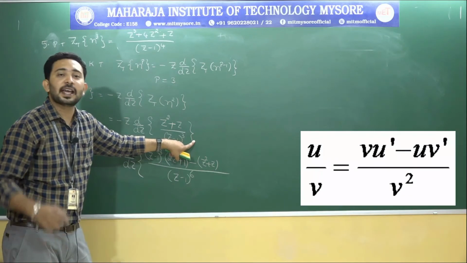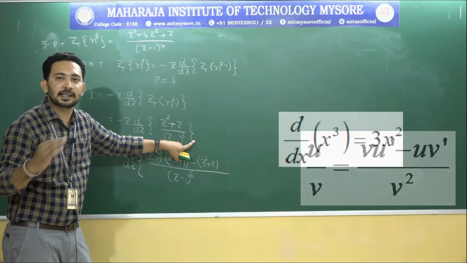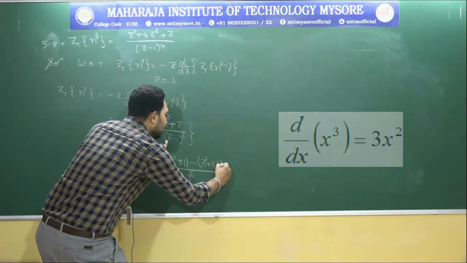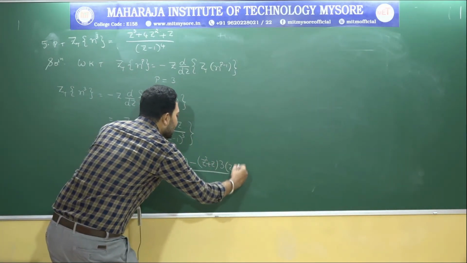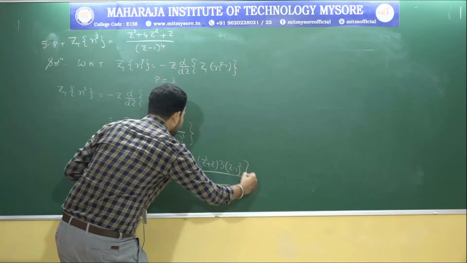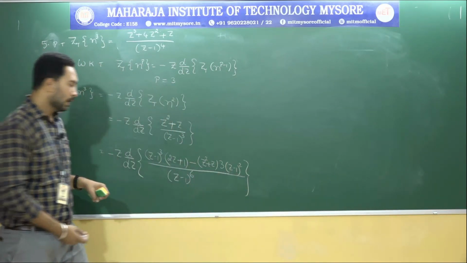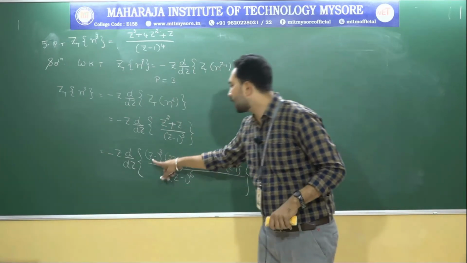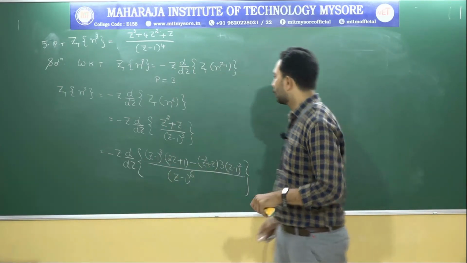It is in the form of x cube. Differentiation of x cube is 3x square. So for z minus 1 whole cube it is 3 into z minus 1 whole square.